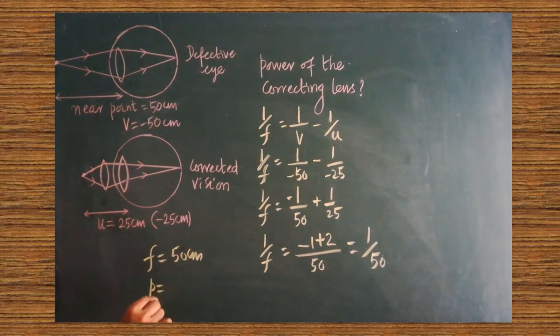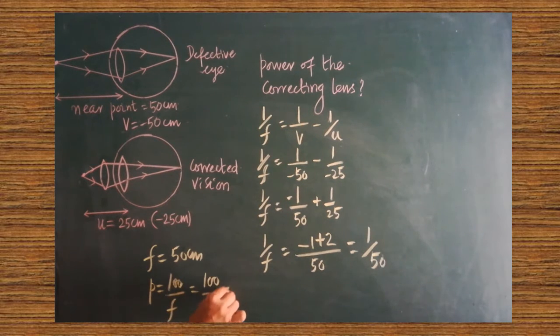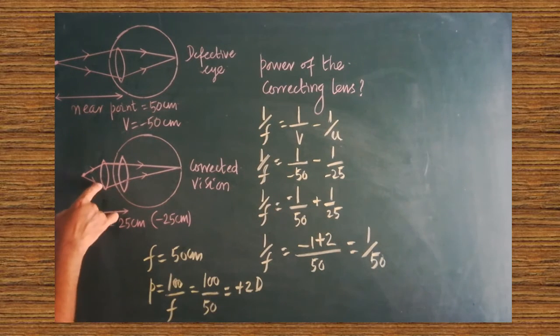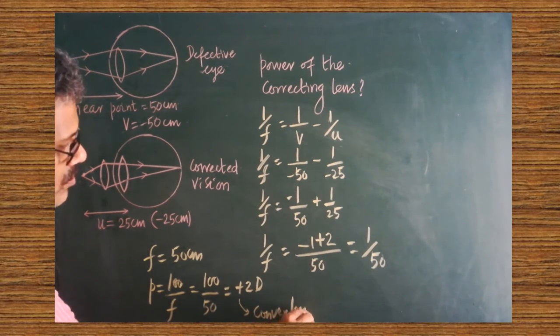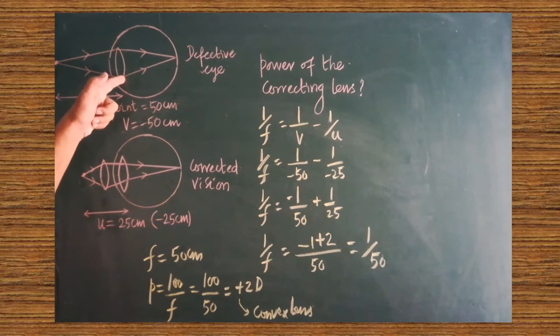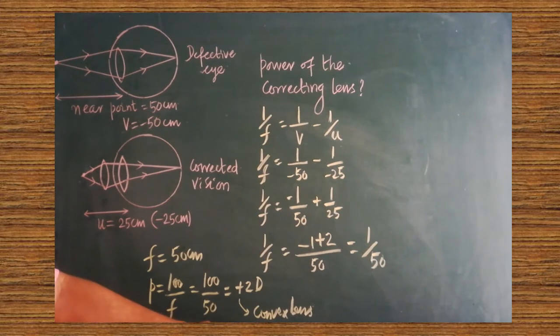How will you calculate the power? Since f is in centimeter, to calculate the power we can use the formula 100 by f. 100 divided by 50 centimeter is equal to plus 2 diopter. That plus symbol shows that the nature of the correcting lens is a convex lens. Are you clear? So to correct the defect, he has to wear a convex lens.